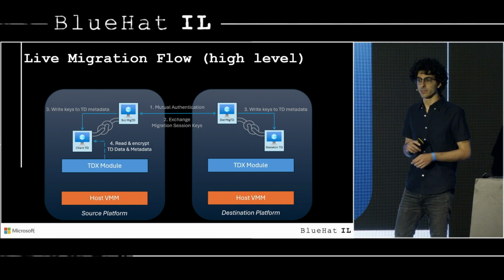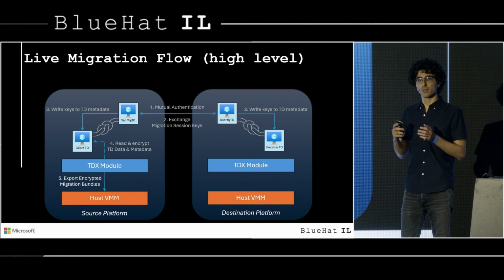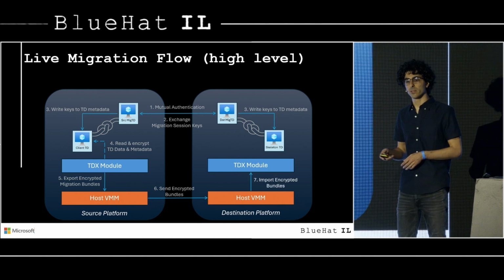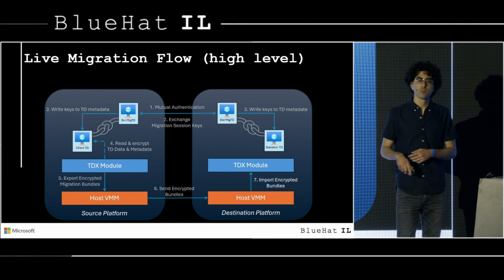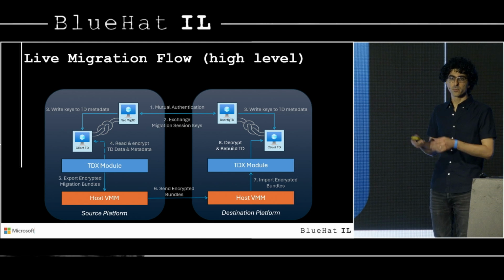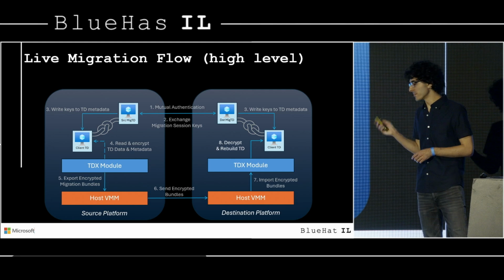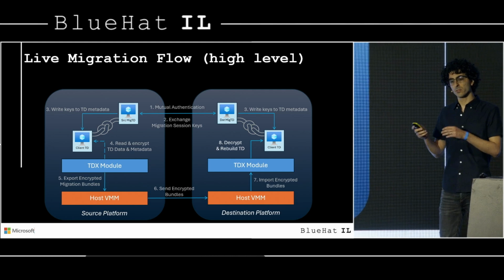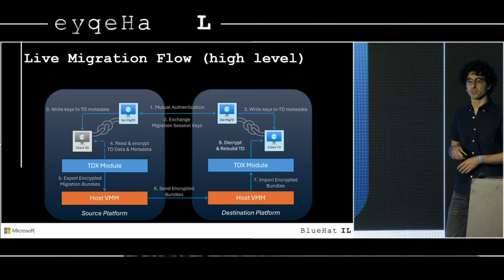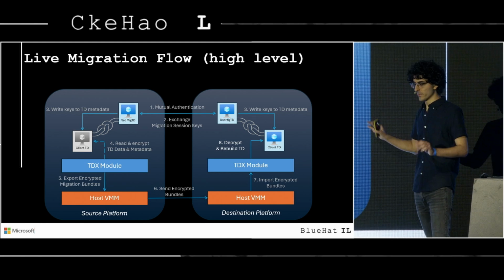The host can then export those bundles and send them to the destination host, then the host will import those encrypted bundles, and the module on the destination platform will decrypt and rebuild that client TD. Now, the client TD on the destination platform can resume execution, and the original TD on the source platform is defunct and can no longer execute. All right, that's the flow.